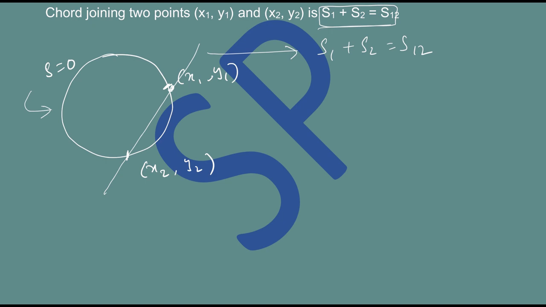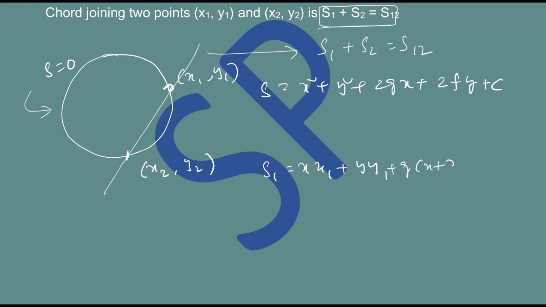We know that S stands for x square plus y square plus 2gx plus 2fy plus c. That is what S stands for. S1 stands for xx1 plus yy1 plus g into x plus x1 plus f into y plus y1 plus c. That is what S1 stands for.